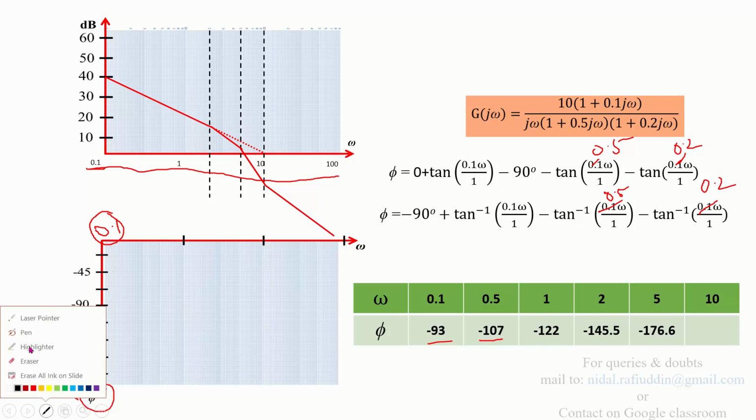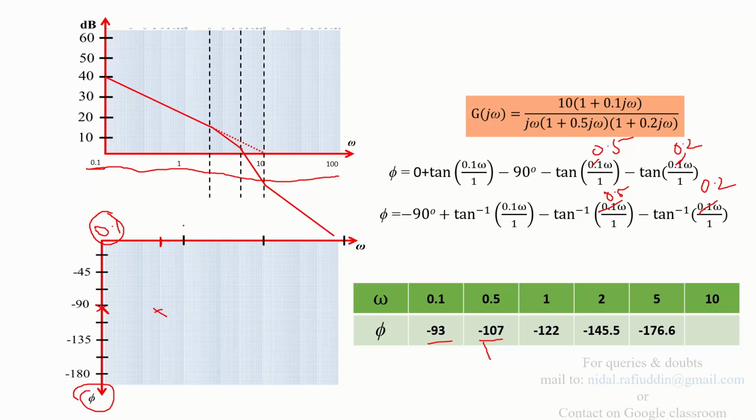So after obtaining these values, for omega 0.1, I have angle minus 93, somewhere here, close to minus 90 degrees. Then for 0.5, I have angle minus 107 degrees. So I identified 0.5 as a point here, with an angle of minus 107, which is somewhere here.